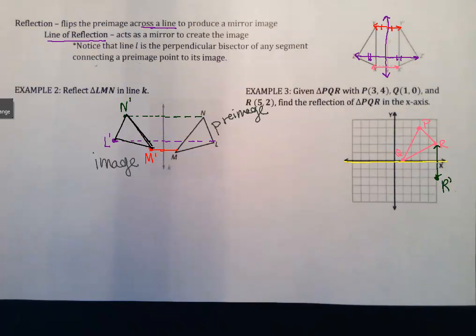Okay, if we look at P, how far is P from the x-axis? 4 above. So we need to go 4 below and put a point and label that what? P prime. P apostrophe. P prime.